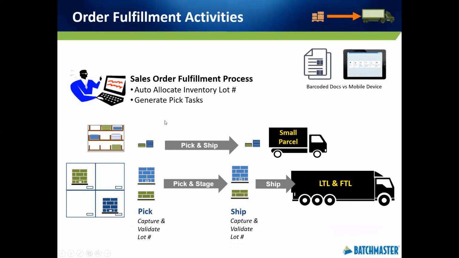Well, now he showed us that we've gone ahead and stored the finished goods in the warehouse, and that could be full pallets, less than full pallets, cartons, cases. And we're going to look at the sales order fulfillment process.